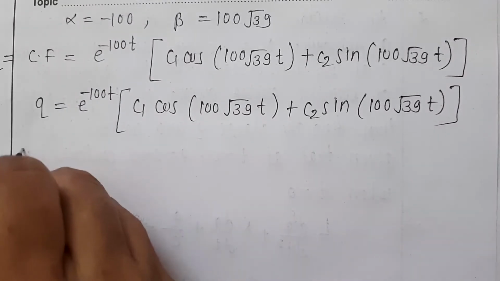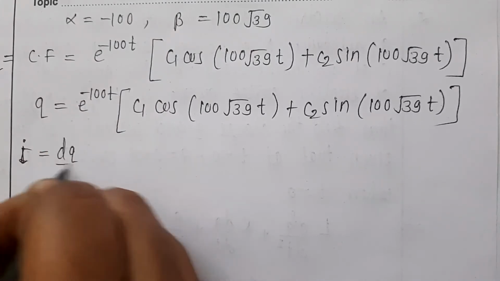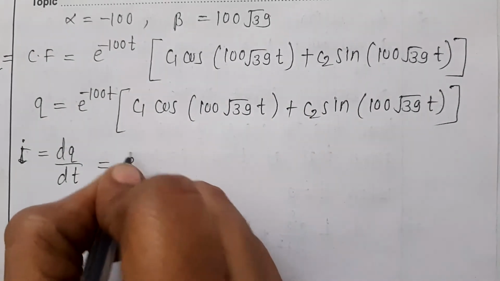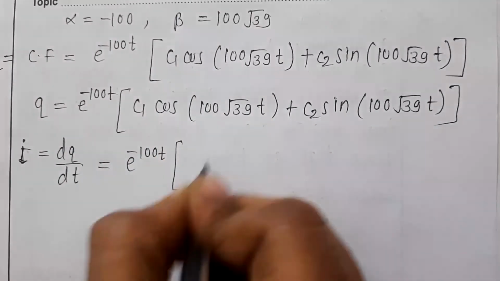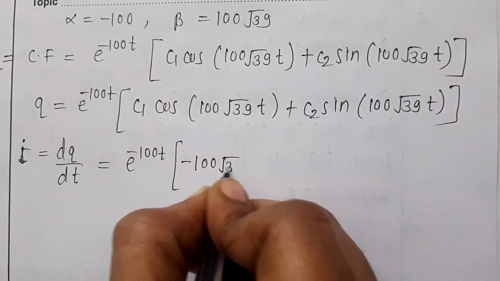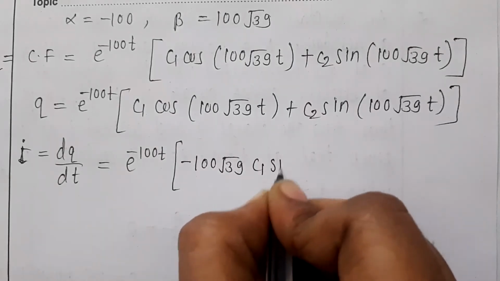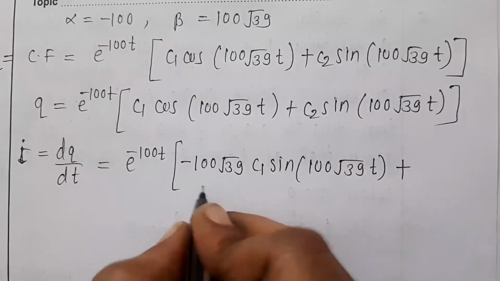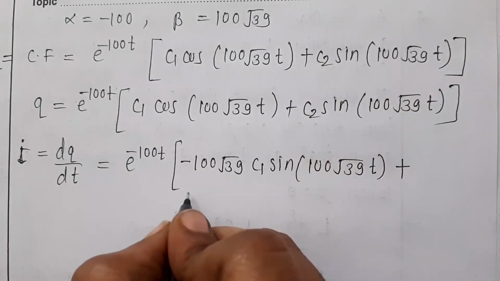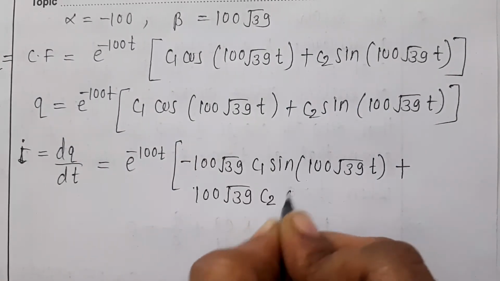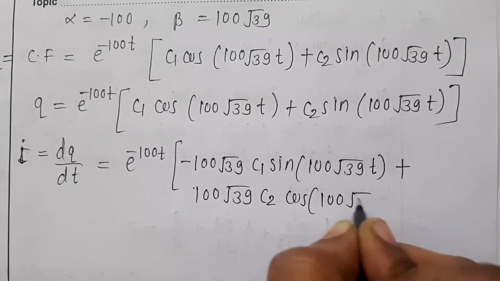Now the condition is given for current as well as charge, so we want current also. I is equal to dq by dt, which is equal to, use product rule. So it is e to the power minus 100t as it is in bracket derivative of cos, which is minus sine. So minus 100 root 39 multiplied by C1 sine 100 root 39t plus C2, that is 100 root 39 multiplied by C2 cos of 100 root 39t.